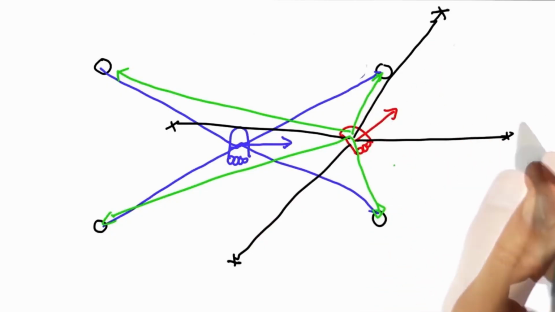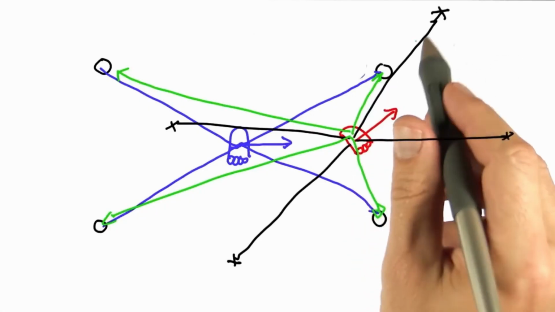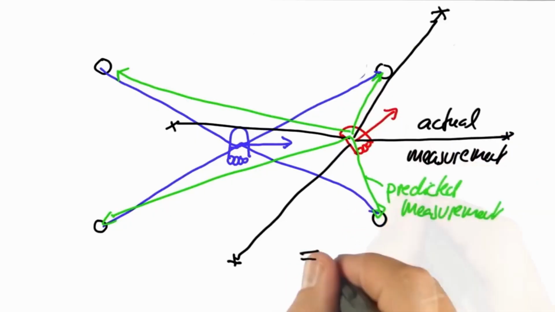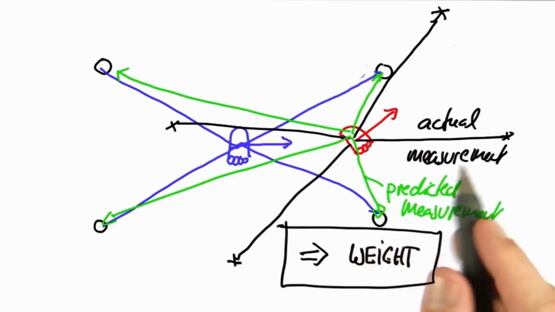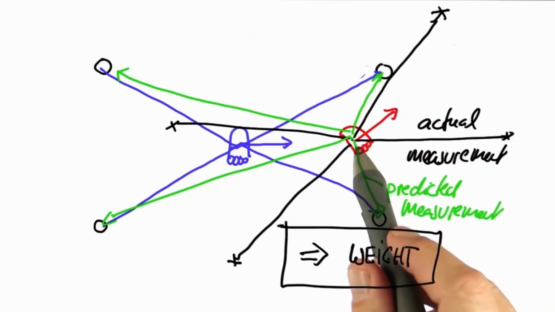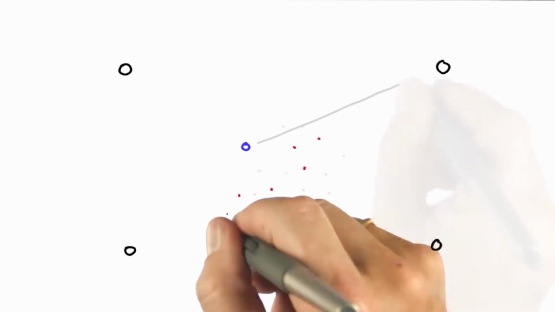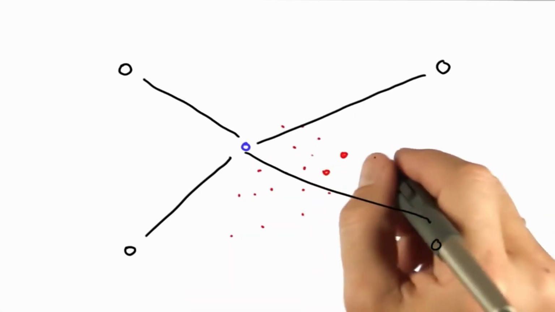And now here comes the big trick in particle filters. The mismatch of the actual measurement and the predicted measurement leads to a so-called importance weight that tells us how important that specific particle is. The larger the weight, the more important it is. When we now have many, many different particles and a specific measurement, each of these particles will have a different weight.